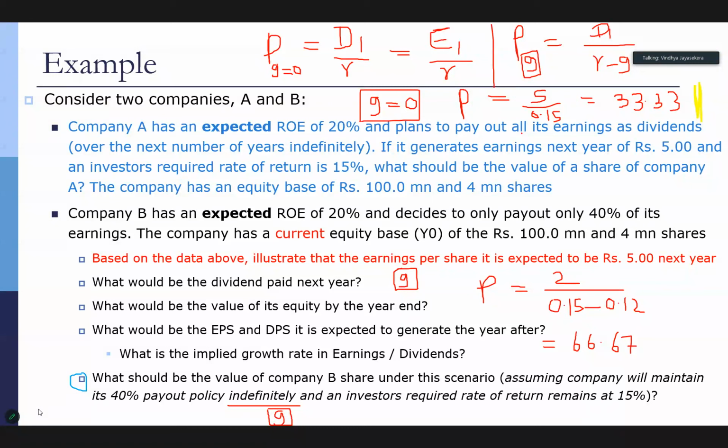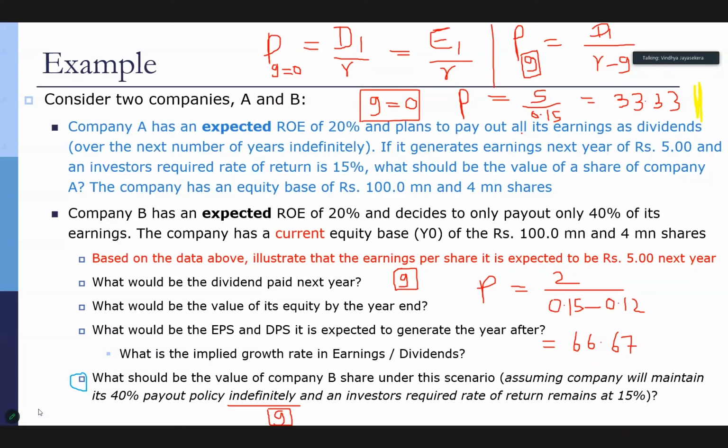If your company is paying you constant dividends and is expected to grow at a constant rate, that means today's price is worth D1 divided by R minus G. Versus if the same company paid out all its dividends, then it would be worth E1 over R.